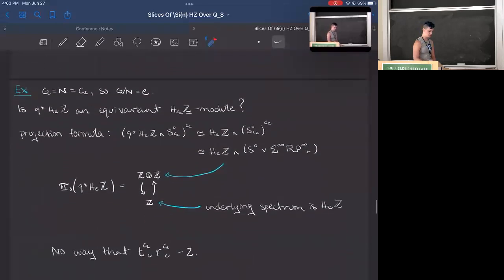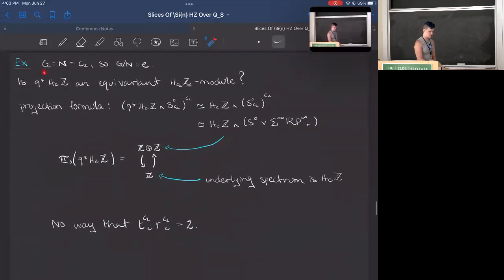As for the module structure problem, let's take G and N to be C2 so that the quotient is E. And now we want to ask ourselves, if we pull back HEZ, is that an equivariant HC2Z module? Well, its pi 0 is a Z plus Z at the top and a Z at the bottom. And we can see we have the Z plus Z using the projection formula.